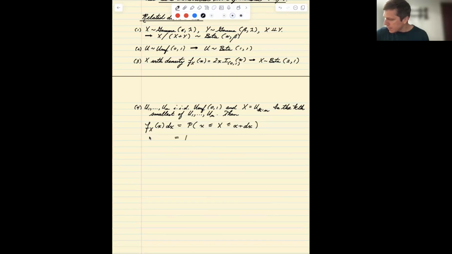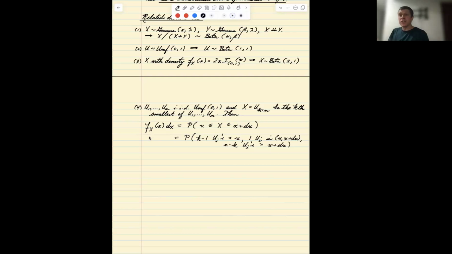Well, in order for this to happen, what do we need? We need k minus 1 Ui's to be less than x. We need 1 Ui to be in x to x plus dx. We need n minus k Ui's to be bigger than x plus dx.